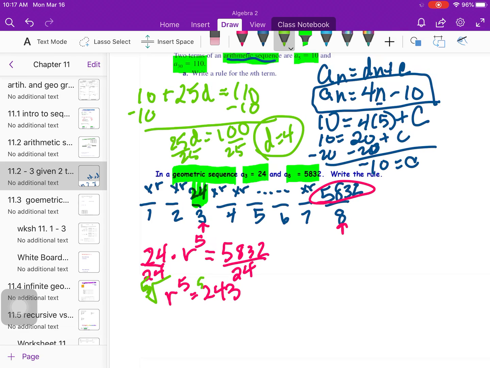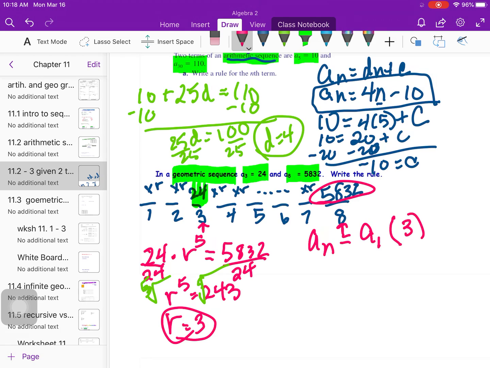Now I must take the fifth root of both sides. So I get r equals 3. So I'm going to put it into my geometric equation: a sub n equals first term times ratio raised to the n minus 1. Well, going forward from here, it meant multiply by 3, multiply by 3. Going backwards, it would mean divide by 3.